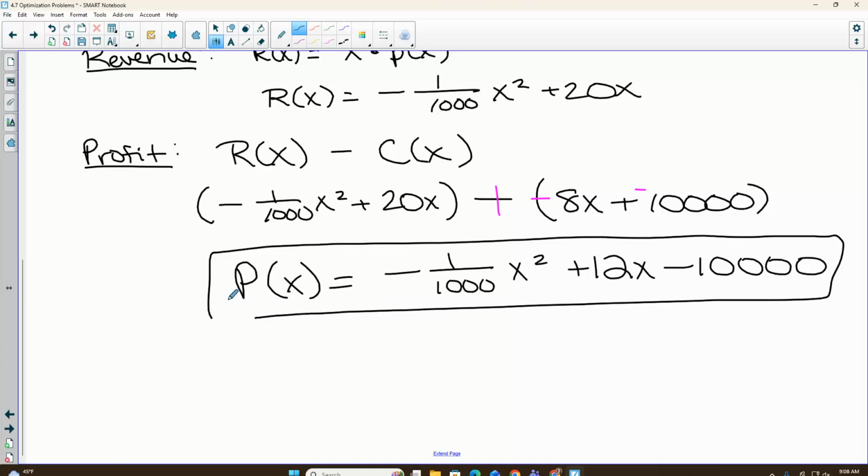This is where calculus comes in. Anytime I ask for a maximum or a minimum, what do we have to do? We need our derivative and find out when it's 0.